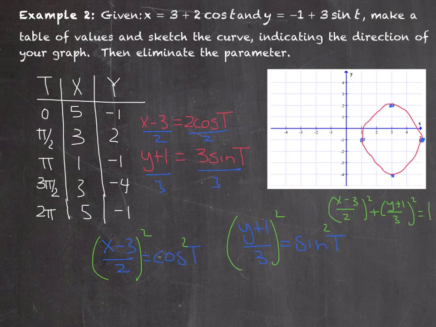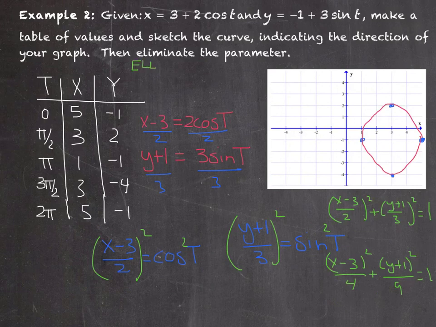All right, so now this is looking kind of like an ellipse, but we're going to square it out. So it's going to be (x minus 3) quantity squared over 4 plus (y plus 1) quantity squared over 9 equals 1. And now we can identify the shape. This is going to be an ellipse. So let me write that up here.